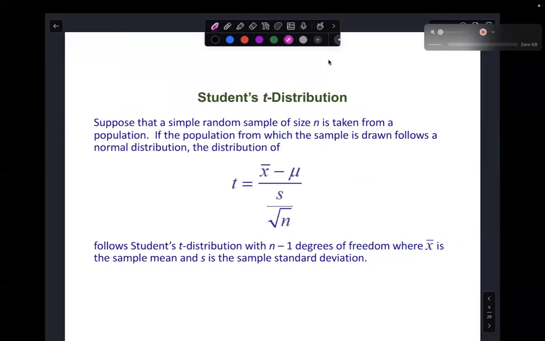Okay. This looks really ugly, but it is not. So we use a t-distribution when we are using a sample. A z-score works really great with larger samples or when we have some information about the whole population.